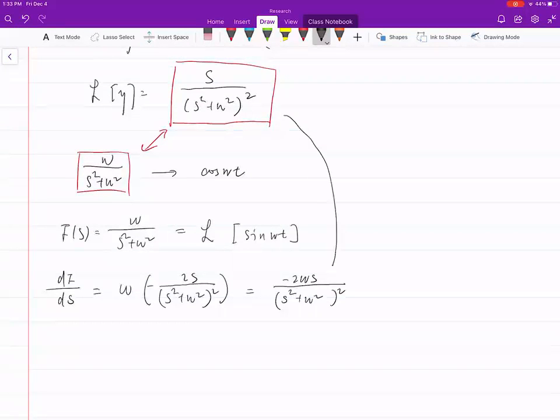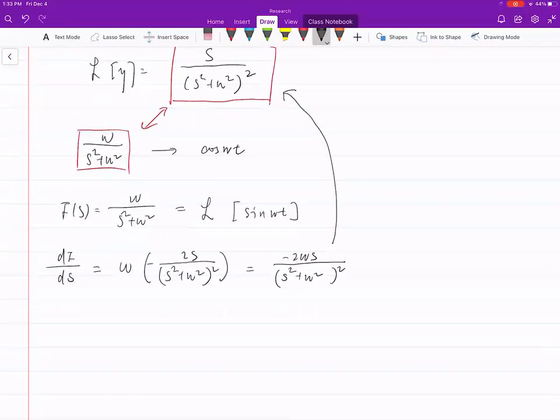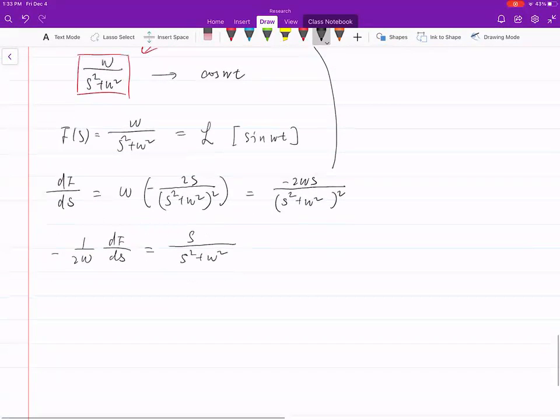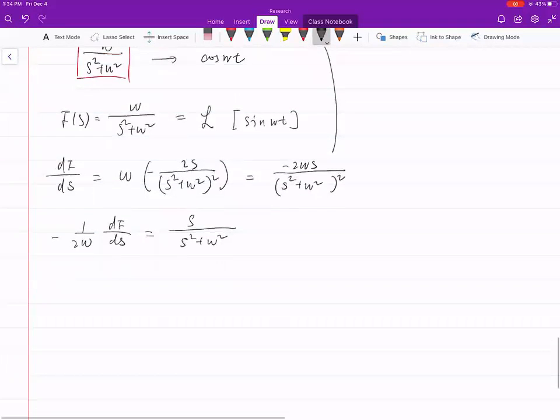And can you see they're roughly the same? If you multiply it by a constant, 1 over 2 omega, all right.